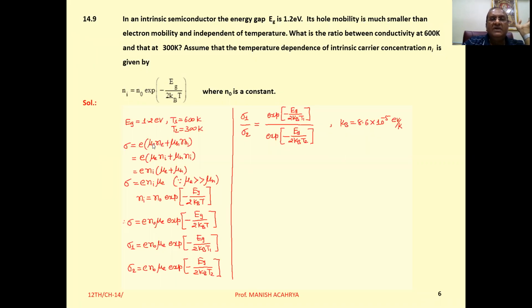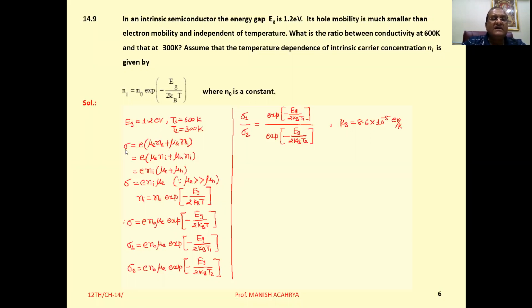Mu e that is mobility of electron, Ne that is number density of electron, and e that is charge of electron. That will give you the conductivity due to electrons. And mu h, that is the mobility of holes, Nh, number density of holes, into e, that will give you the conductivity due to holes.